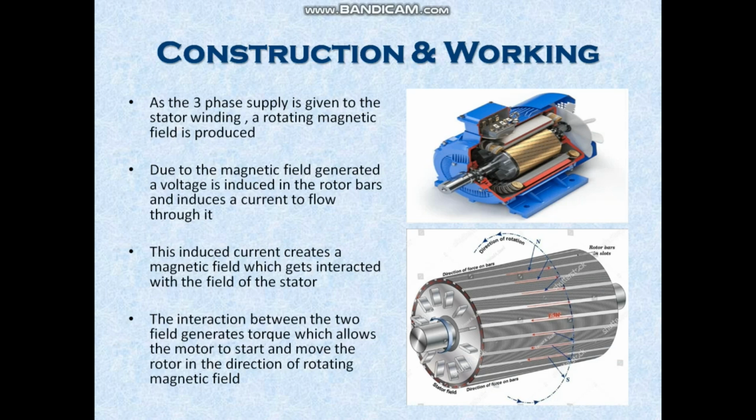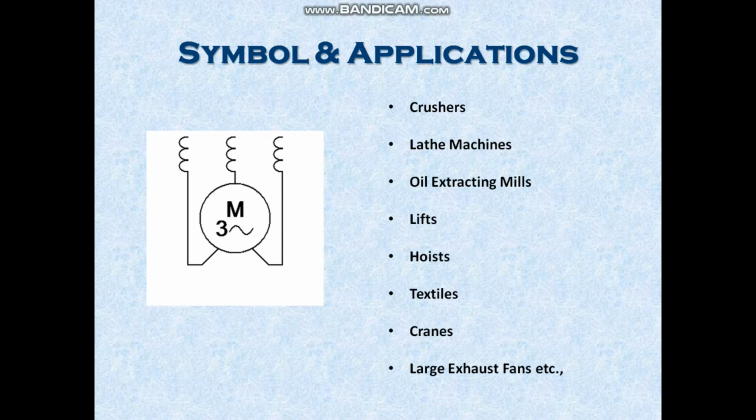The interaction between the two fields generates torque, which allows the motor to start and move the rotor in the direction of the rotating magnetic field. The symbol used to represent the three-phase squirrel cage induction motor is shown in the figure.